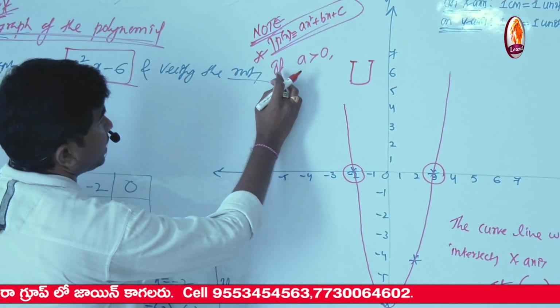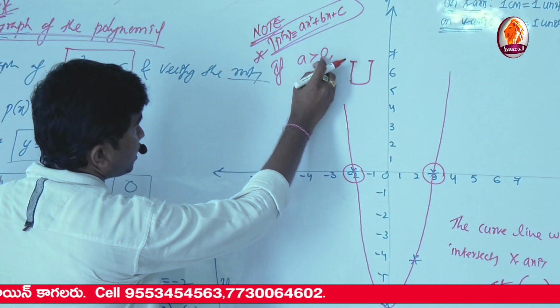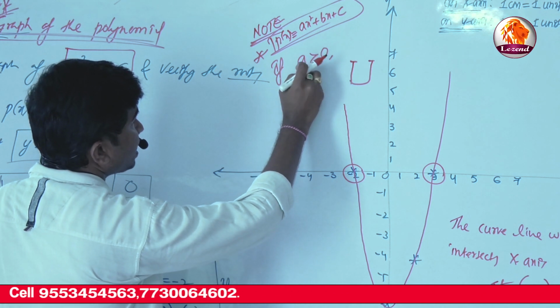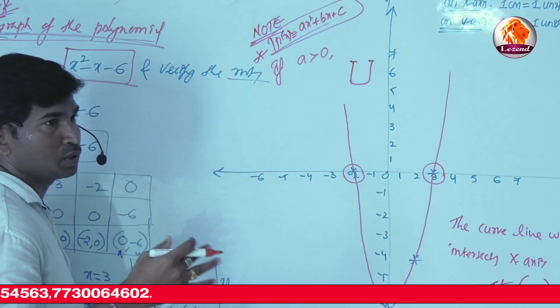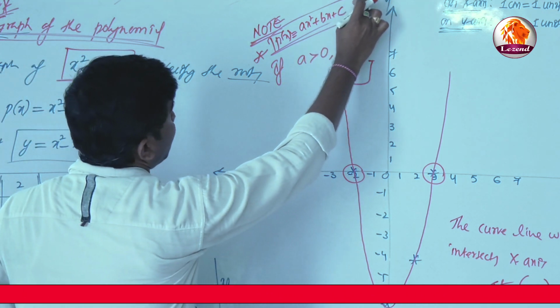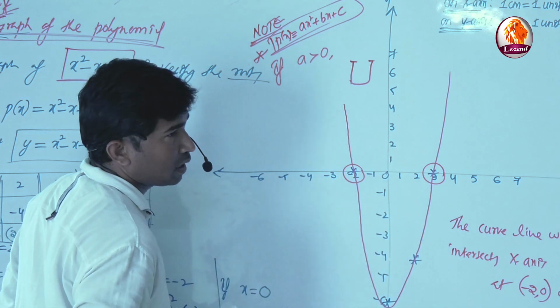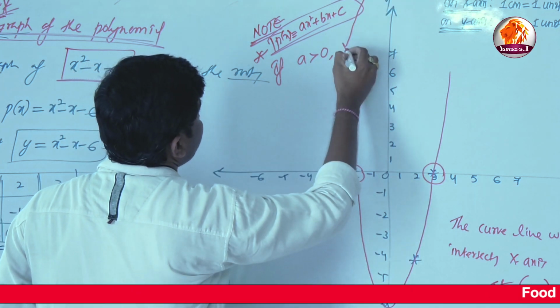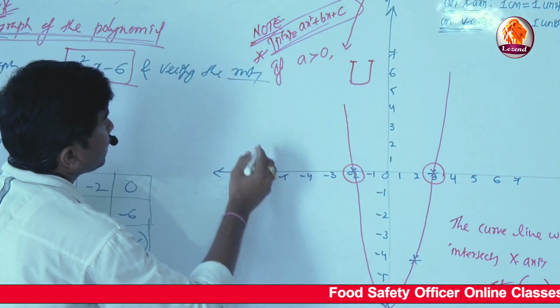Note 1, keep in mind, if a is greater than 0, it is always positive, plus 1, plus 2, plus 3, and so on. If a is positive, the U-shaped figure called a parabola opens upwards.